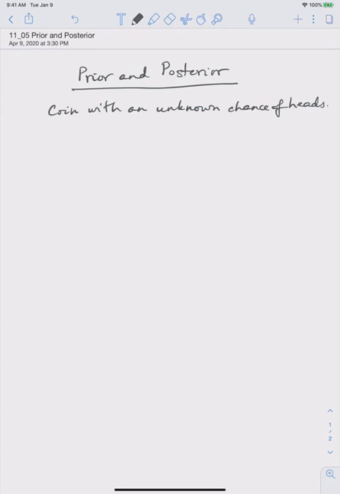The Bayesian, on the other hand, will say, I don't know this probability, so I can describe my uncertainty about this probability in terms of a probability distribution. That is, for the Bayesian, the parameter itself is a random variable.